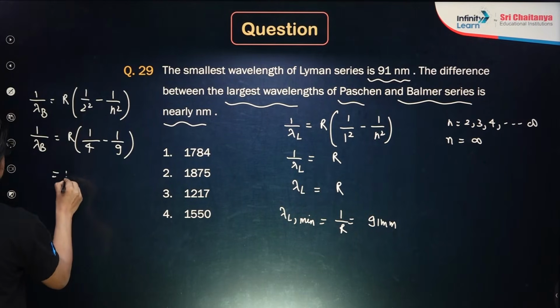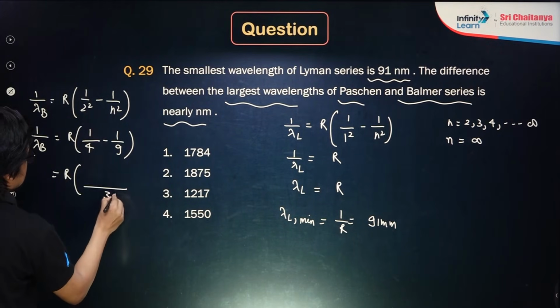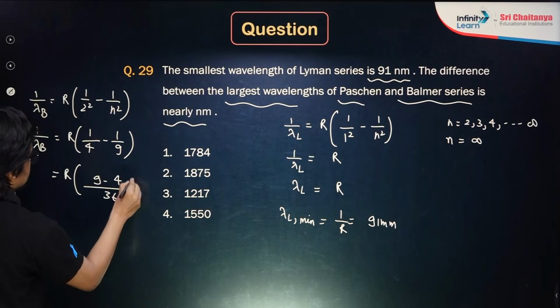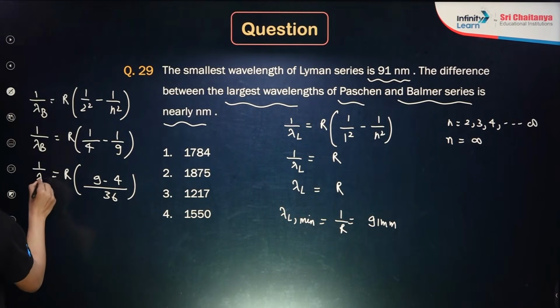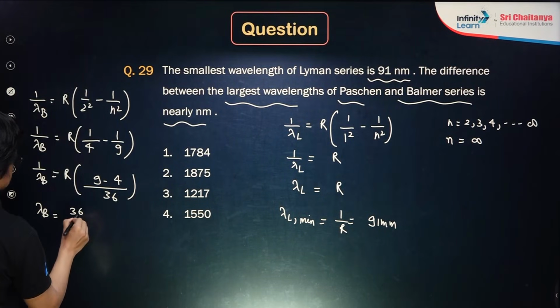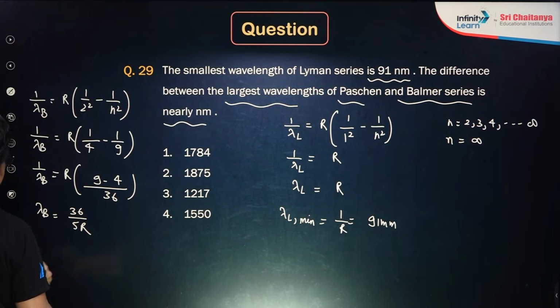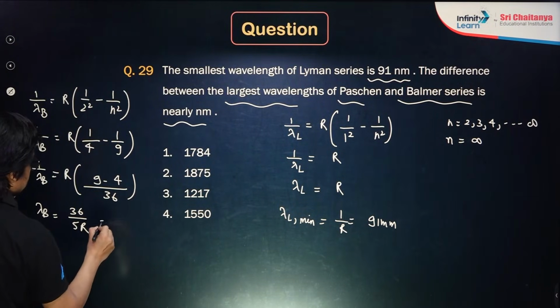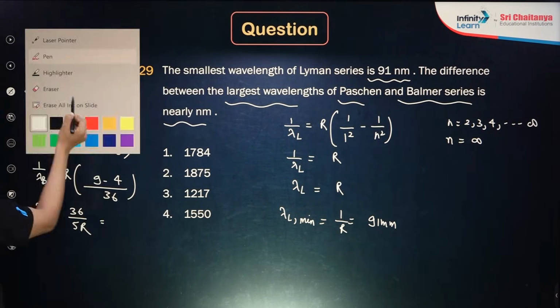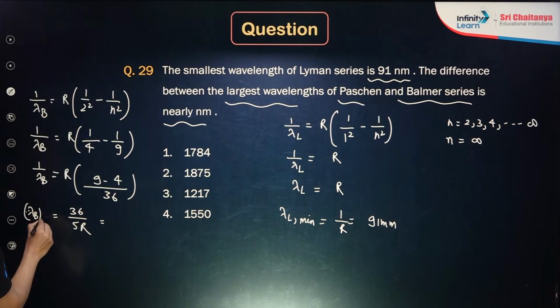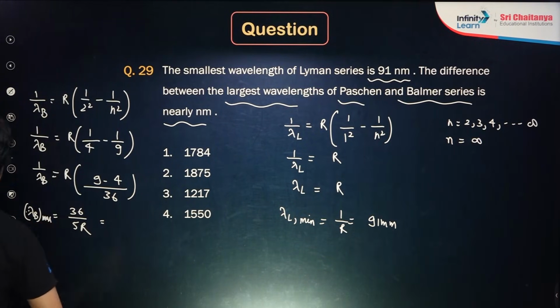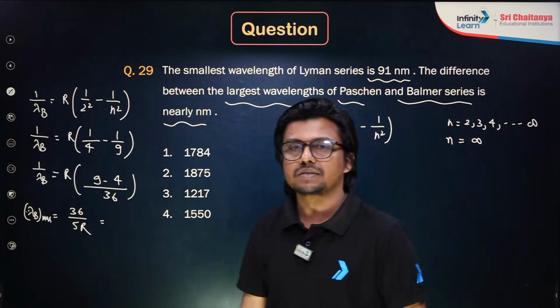Take 36 as the LCM, 9 minus 4, that is equal to 1 by lambda B. Now lambda B is equal to 36 by 5R, and this is the maximum wavelength. Lambda B max is equal to 36 by 5R.